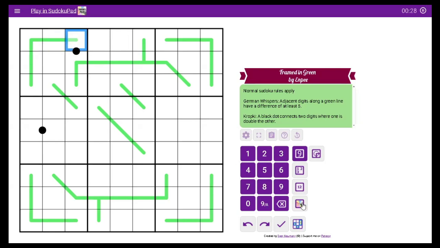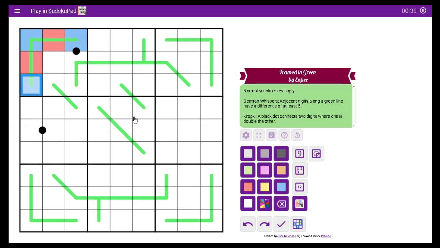So if this cell were low, this cell would have to be high. And then this cell, 5 different from the high digits, is low. So they alternate between low, 1, 2, 3, 4, and high, 6, 7, 8, 9. You can never put a 5 on a German Whisper because the next digit would have to be a 0 or a 10, which we can't do.